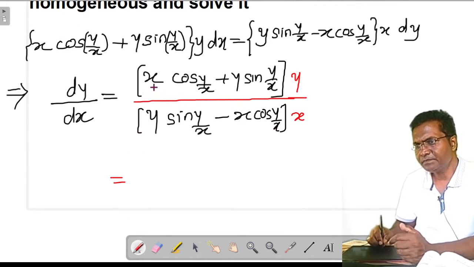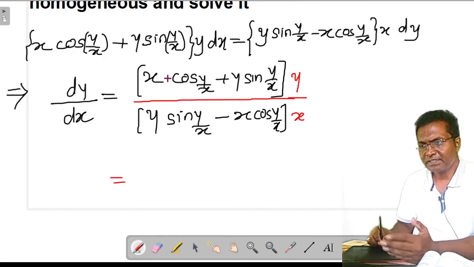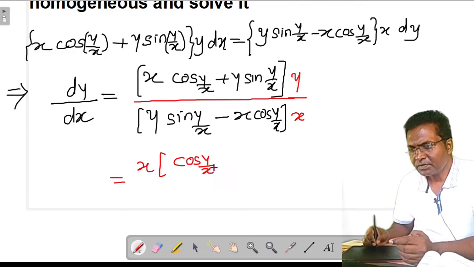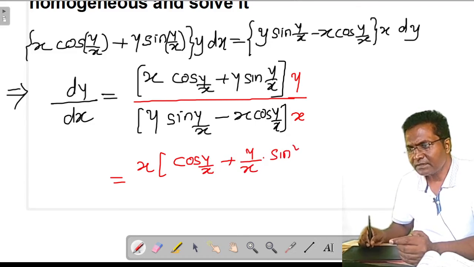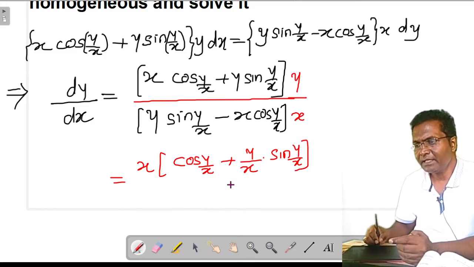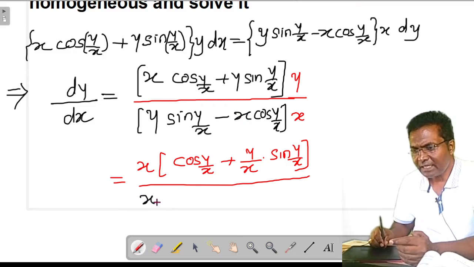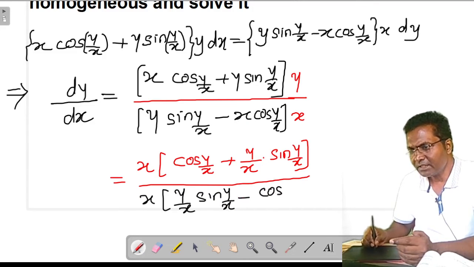Now if I take x common from this, what will we get? If I take x common in the numerator, we get cos y by x plus y by x sin y by x, whole divided by, if I take x common in the denominator, x into y by x sin y by x minus x taken outside, cos y by x into y by x.